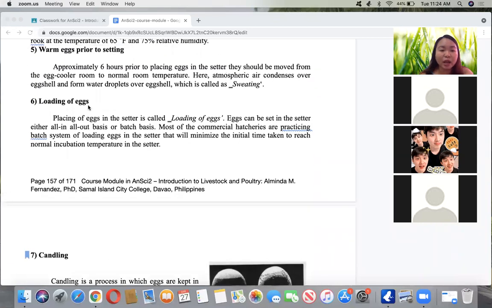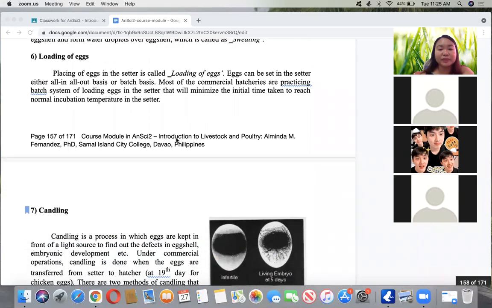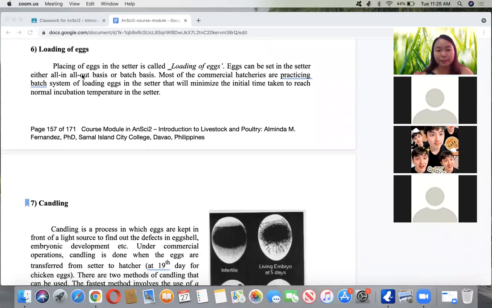So after 6 hours, ilo-load mo na siya sa setter, cold loading of eggs. And the setter is loaded either on an all in, all out basis or on a batch basis, no? So lahat sabay-sabay kapag all in, all out, and by batch yung iba. And most of the commercial hatcheries are practicing batch system of loading the eggs. Thus, in the setter this will minimize the initial time to reach normal incubation temperature.